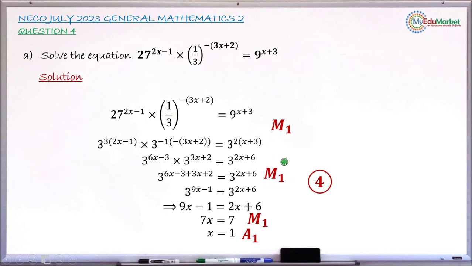It is for attempting to apply the law of indices, multiplying index numbers by adding their powers. And for attempting to solve this simple index equation, after this level, 7x equals 7, you have another method 1 mark. And the last mark is the accuracy 1 mark, when you have the value of x exactly equal to 1. So in total, this question 4A has 4 marks.